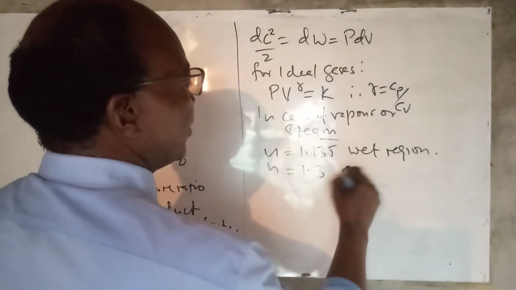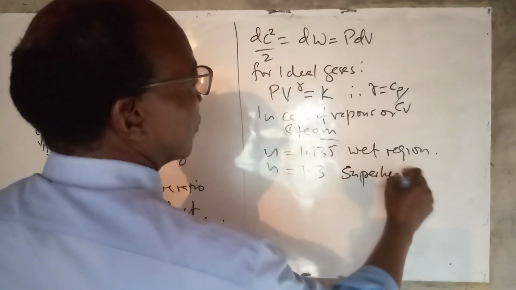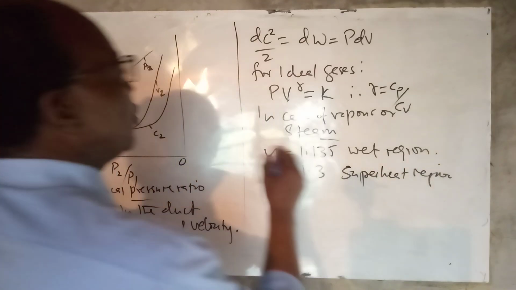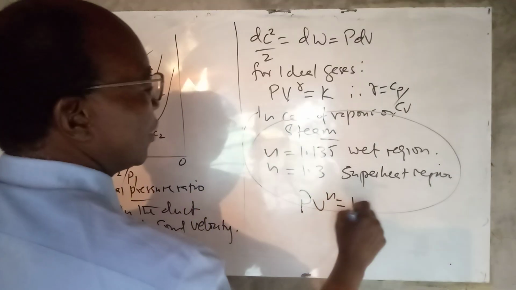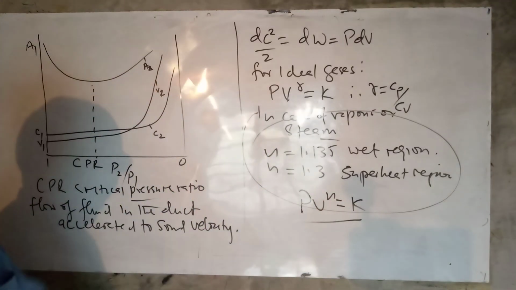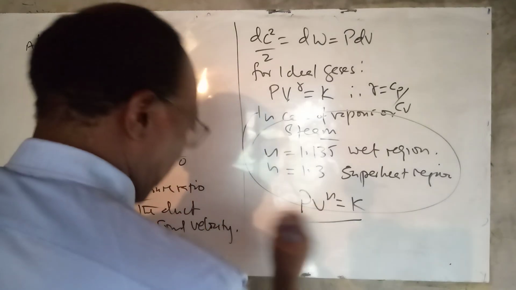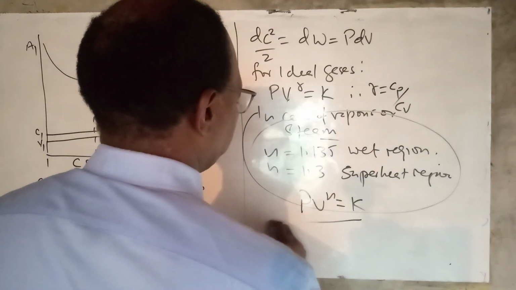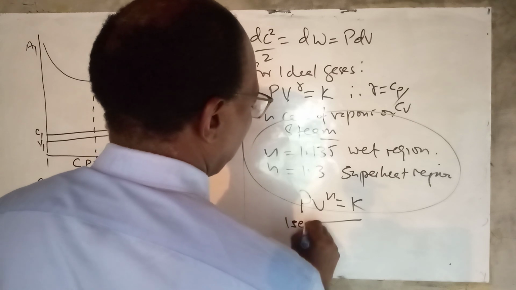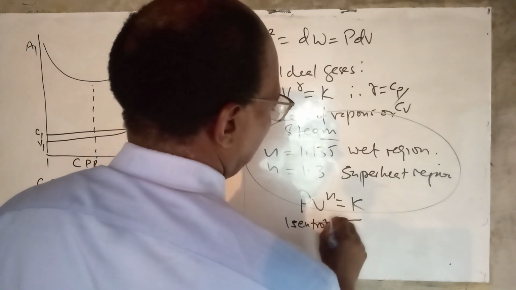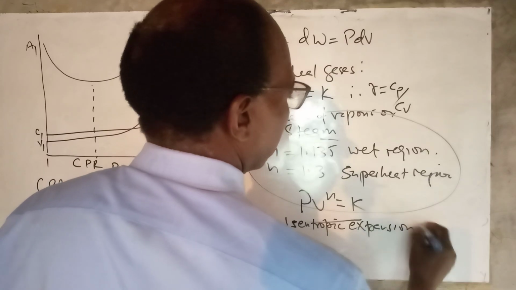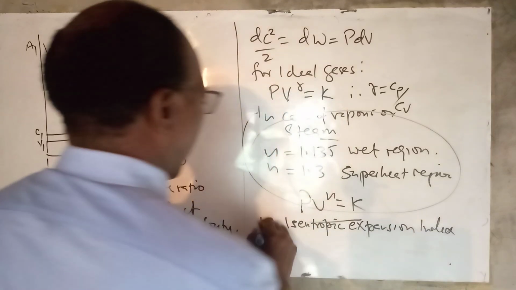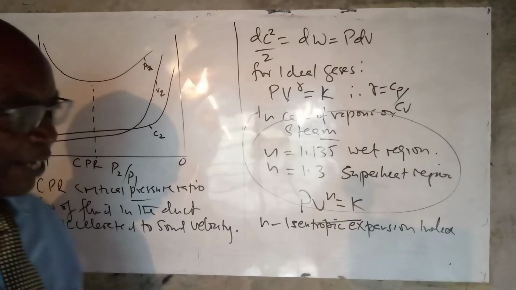So the polytropic equation, in this particular case, is PV^n equals K. And n, remember, is the isentropic expansion index.